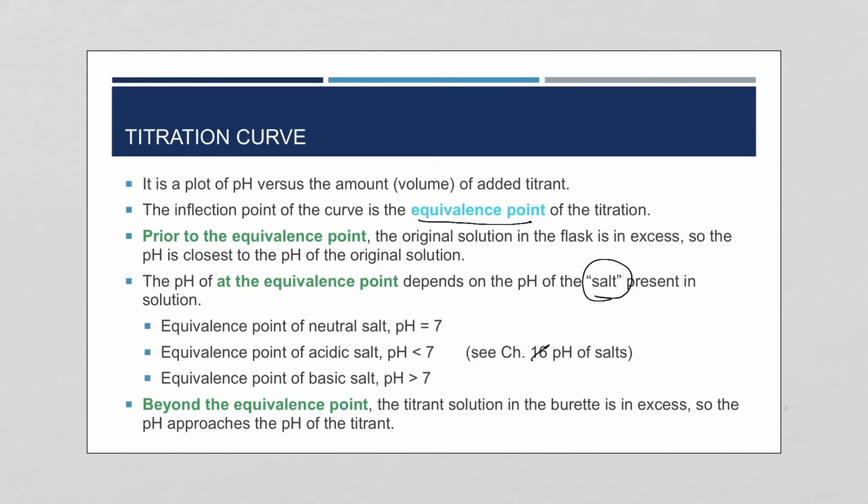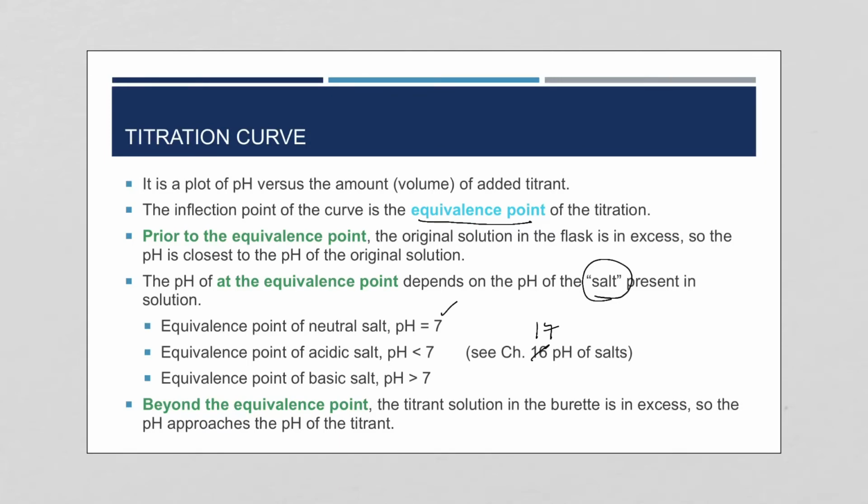Now, again, you can refer back to chapter 17 where we looked at the pH of salts here. And so if we have ions that are pH neutral, then of course our pH at the equivalence point is going to be 7. If we have some conjugate acid, so some positive ion, our positive ion is going to influence the pH, well then we're going to have an acidic pH.